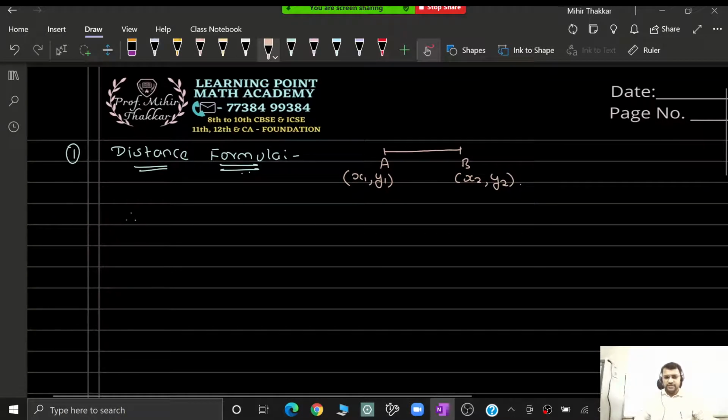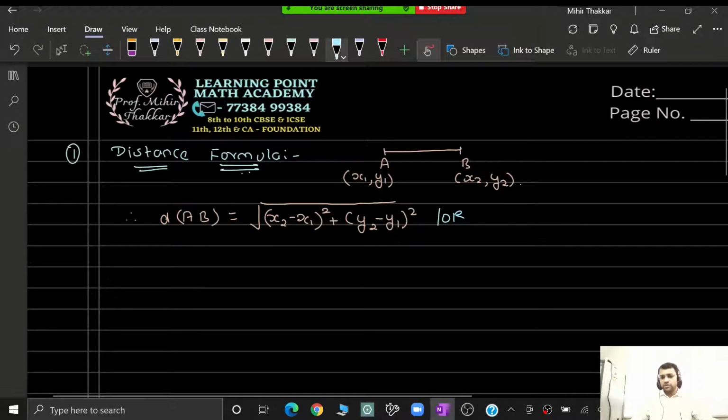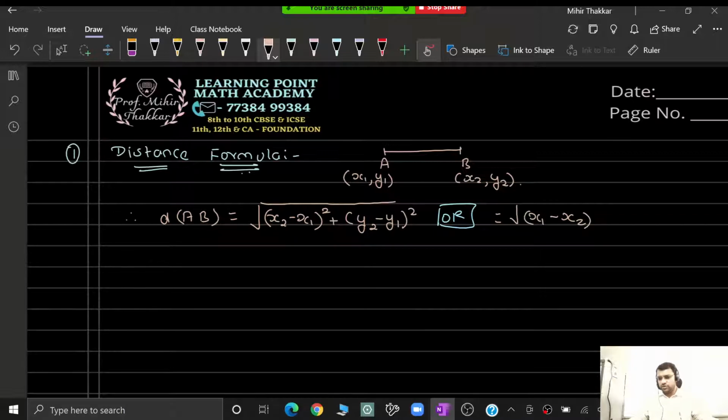So I will just have to say over here the distance formula, that is d(A, B) or AB, is given by root of (x2 minus x1) the whole square plus (y2 minus y1) the whole square, or if you want you can also write it as under root of (x1 minus x2) the whole square plus (y1 minus y2) the whole square.